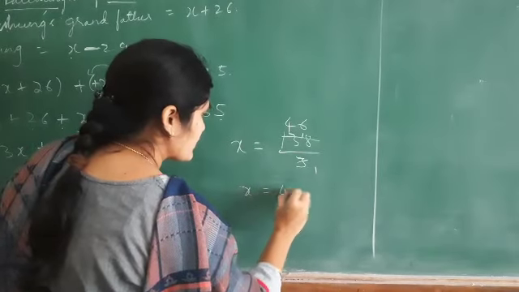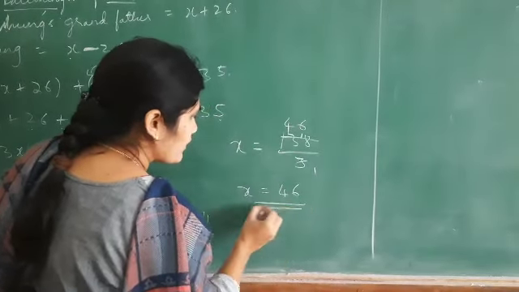So x is 46, that is the value of x. Now what is x here? Baichung's father's age is x is equal to 46 years.